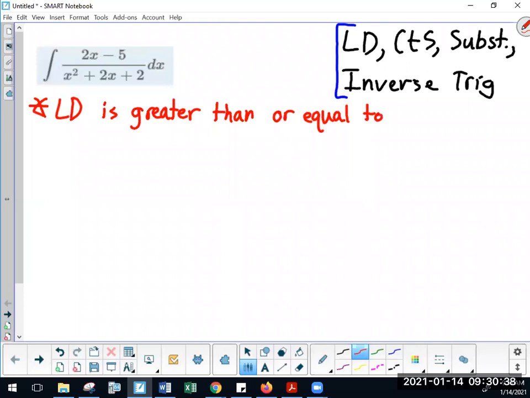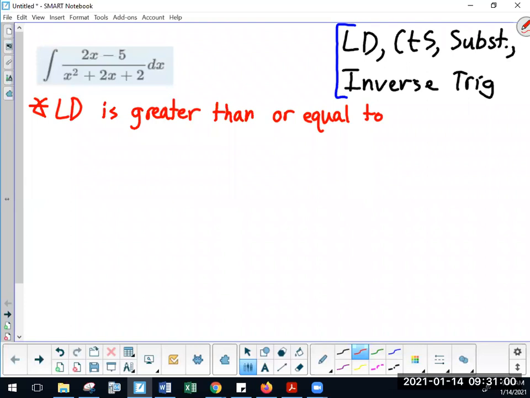It's greater than or equal to. So if you learnt greater than, you need to modify your thinking right now and henceforth to say greater than or equal to. So the degree of the denominator compared to the numerator is not greater than and not equal to. So long division does not make sense here.